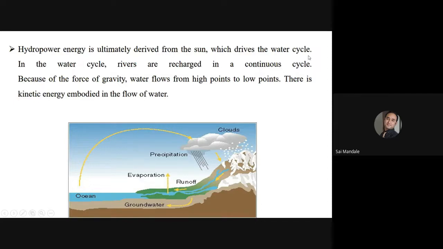The rivers are charged by the sun's energy, the water turns into vapor, the vapor becomes cloud, the cloud comes in contact with cold air, and then the rain falls. Once the rain falls, the river gets charged. The water cycle is continuously going on because of solar energy, and we are using that cycle for storing water in the dam.